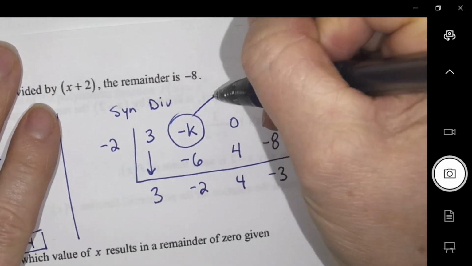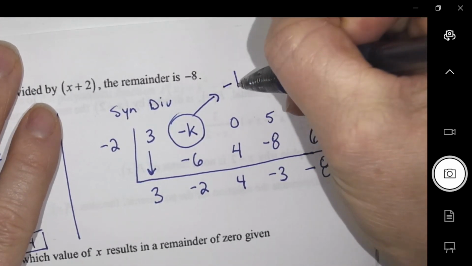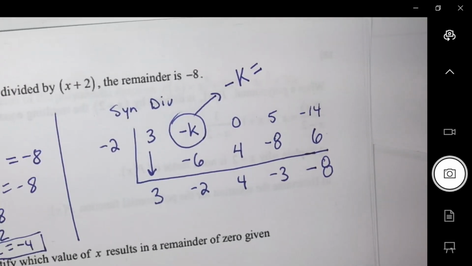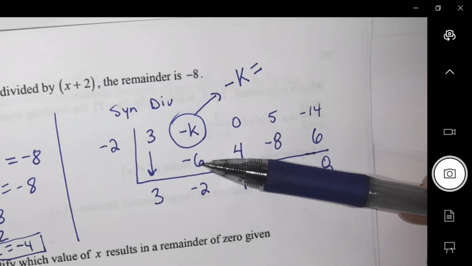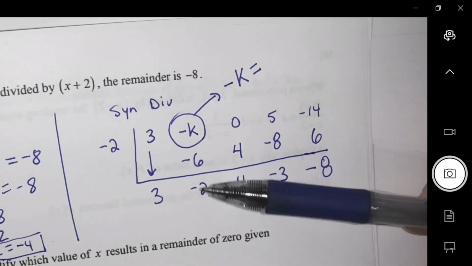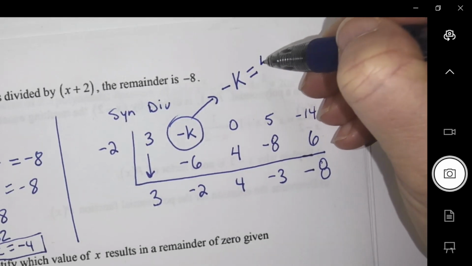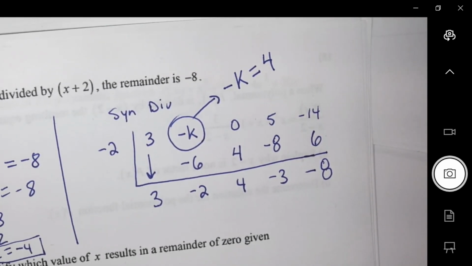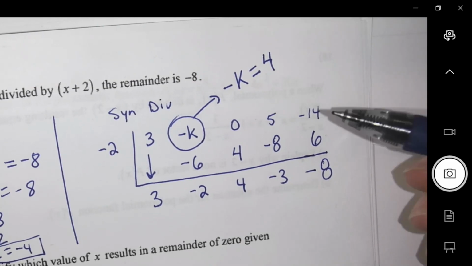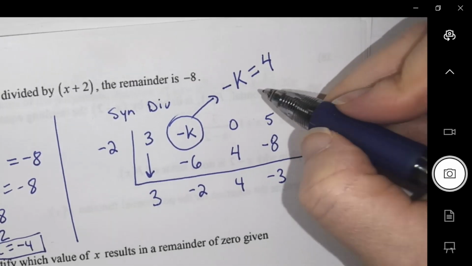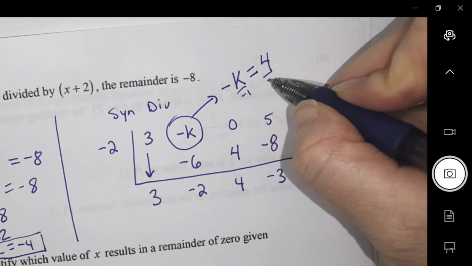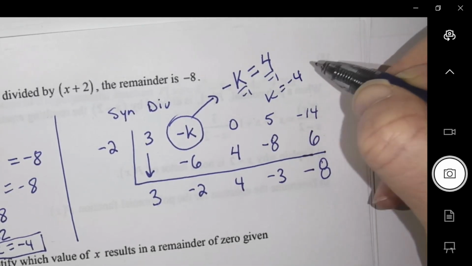This is how they want to trick you on a provincial exam, but you need to go negative k would equal what? What do I need in that position? What plus a negative 6 made the negative 2? I would need to have 4 plus negative 6. So now k equals negative 4.